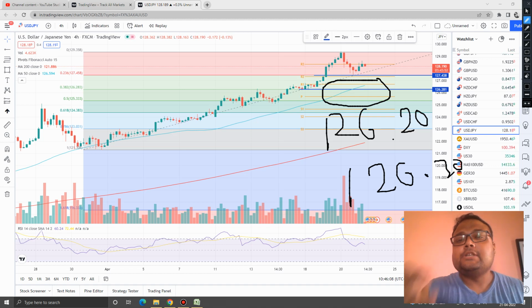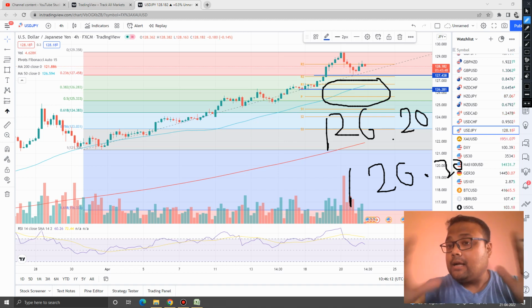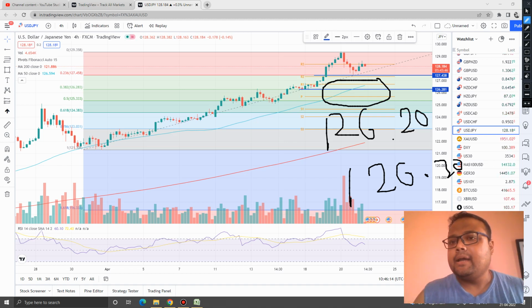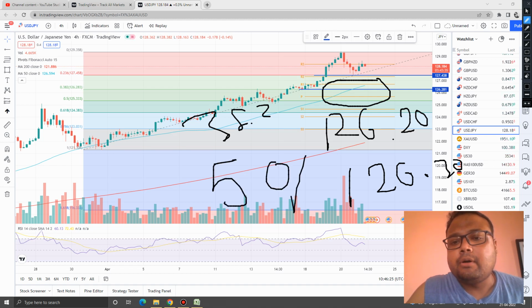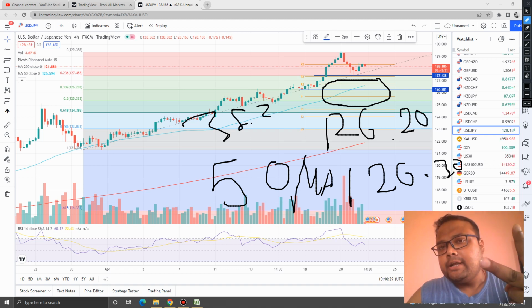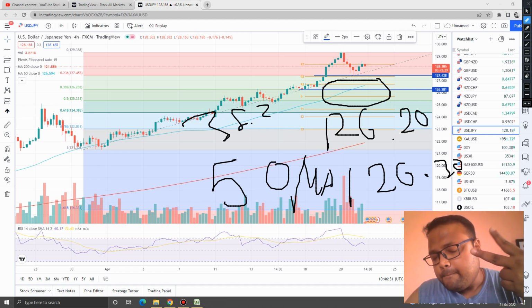This will be our second entry opportunity in the market. If the market comes down to this level, observe the market. There's a good possibility of the market bouncing from here, because this is not only the Fibonacci 38.2% retracement, but we also have additional support from the 50 moving average.